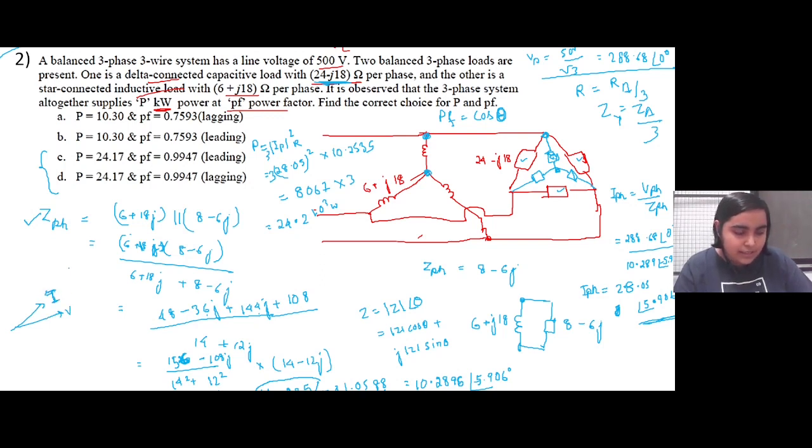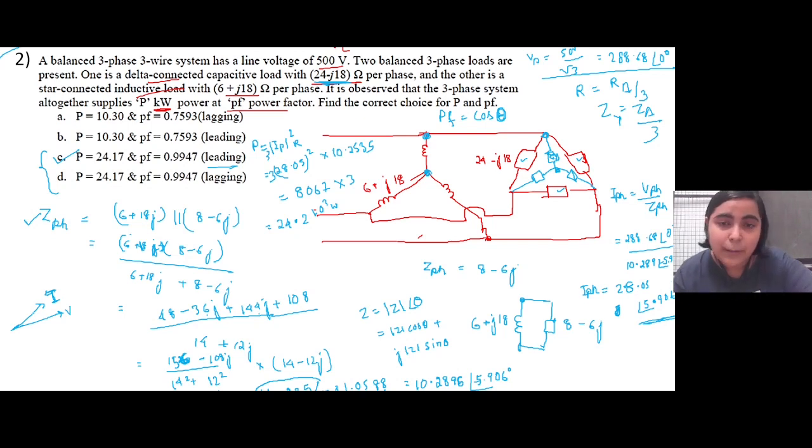So in this case the power factor will be leading, right? Because the current is leading the voltage. Did you get it? So the correct option will be 24.2, approximately 24.17, but since the angle here is positive and the current is leading the voltage, it will be a leading power factor.